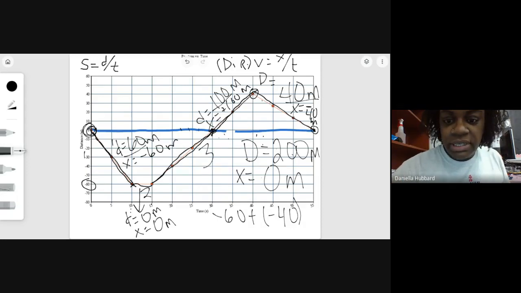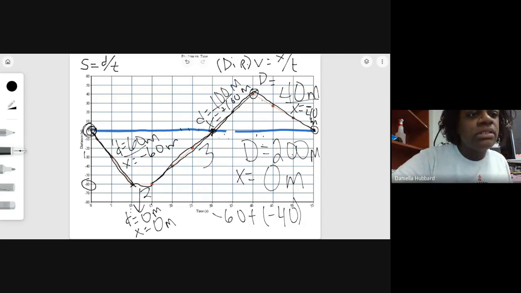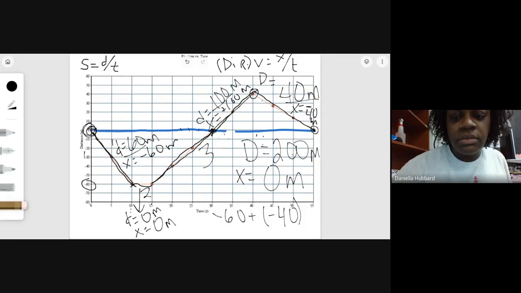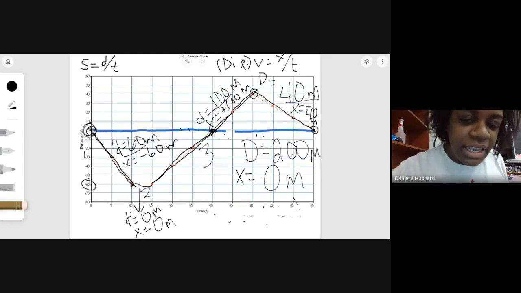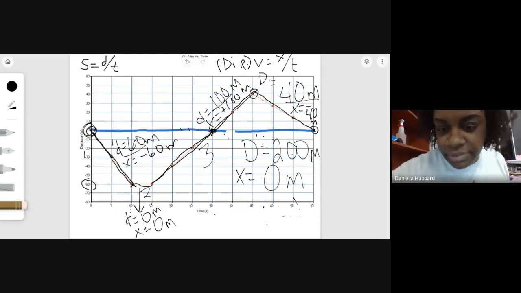So this becomes negative 60 minus 40, which is a negative 100. So negative 100 plus this positive 100 is 0 plus this last 0 is 0.